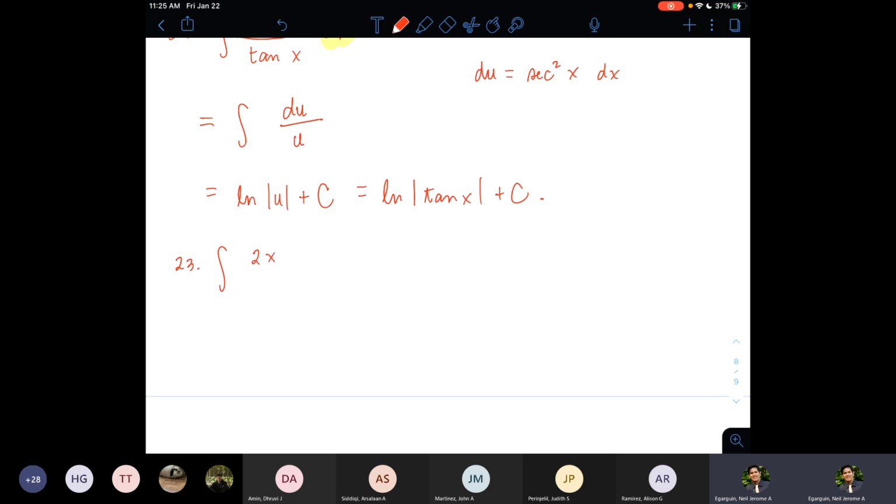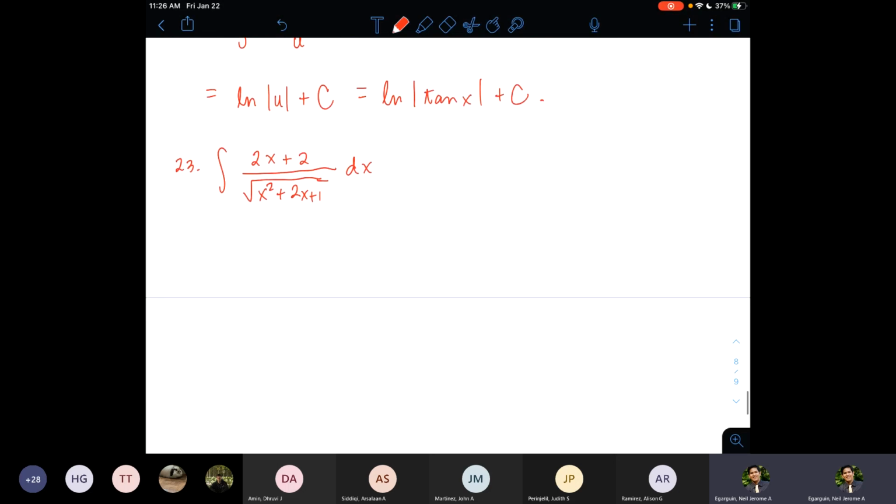So I'll have the integral of 2x plus 2 all over the square root of x squared plus 2x plus 1 dx, correct? So again, this is a quotient. Now we try a u-substitution here. Whenever integrating a quotient, the usual suspect for u will be coming from the denominator.